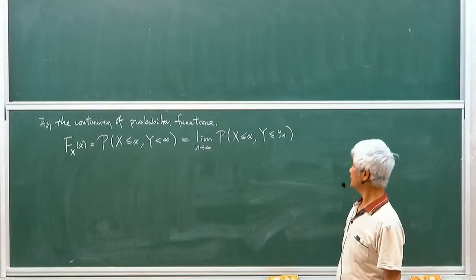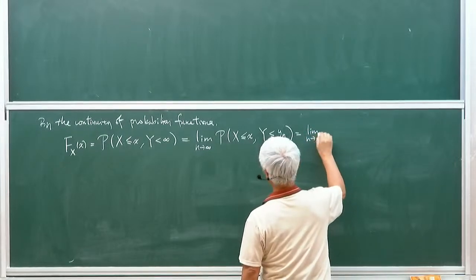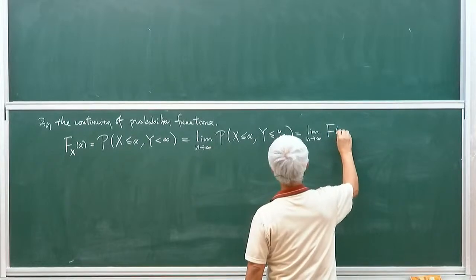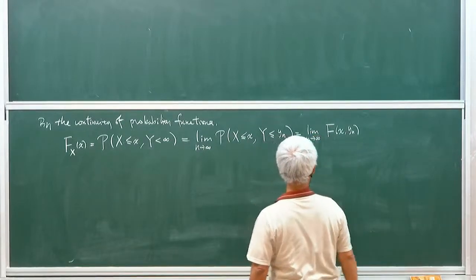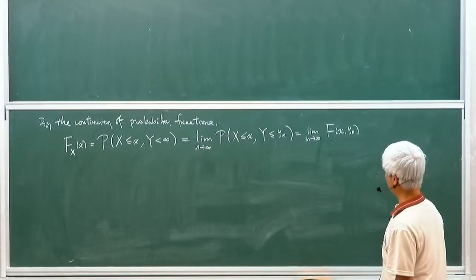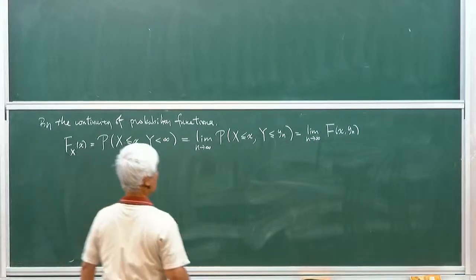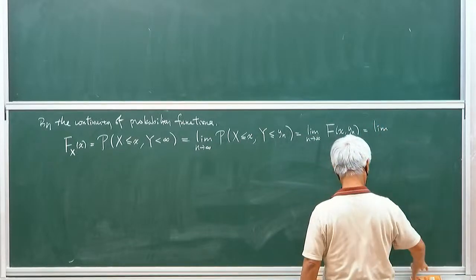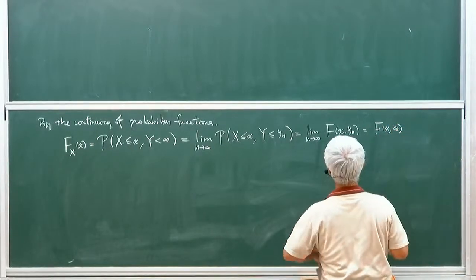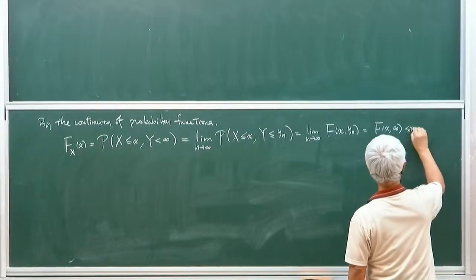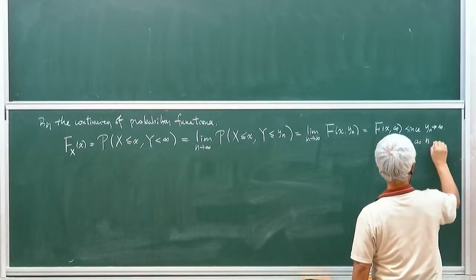So this is the limit, as n goes to infinity, of the joint distribution function. And because y_n goes to infinity, we define this as F of x and infinity, as n goes to infinity.